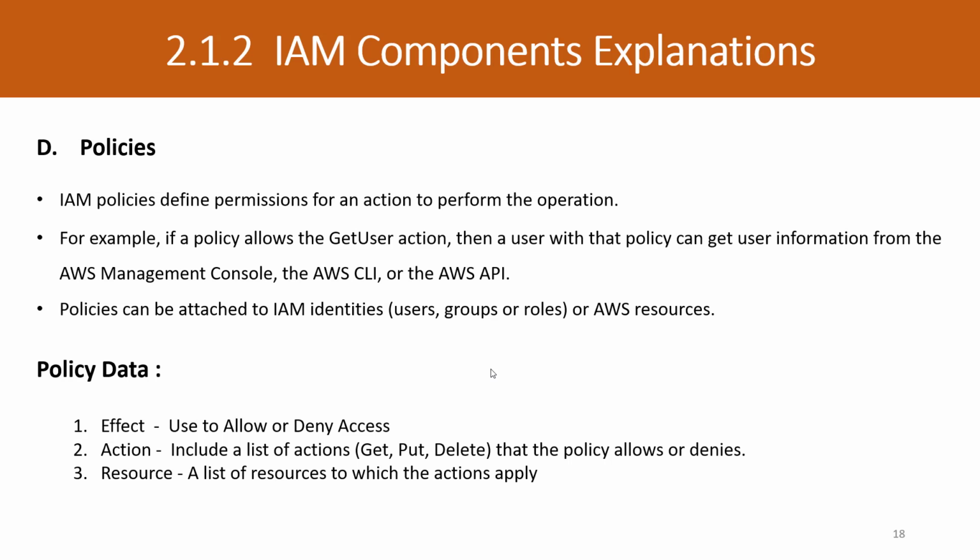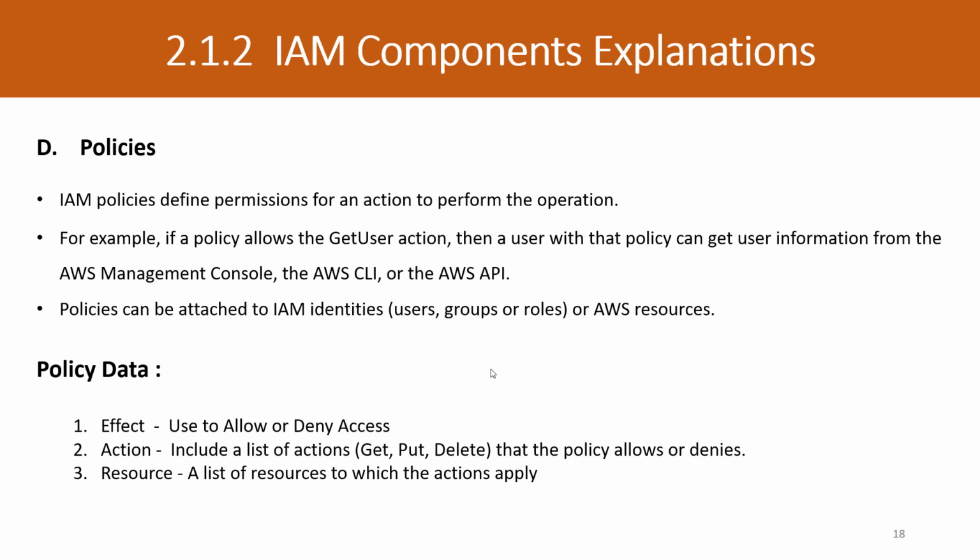Suppose I created one role and I assigned the policy that this role can access the S3 bucket. In this case, effect will be allow, action will be full, meaning get, put, delete, or you can say star, and resource will be the S3 bucket. So this is how we can create the policy.